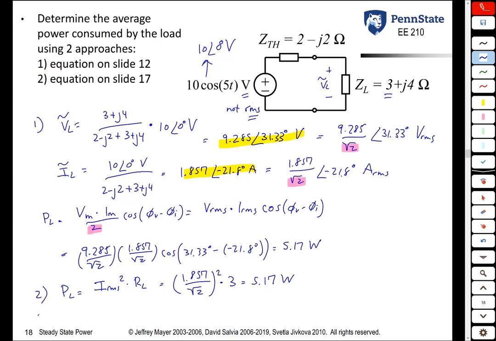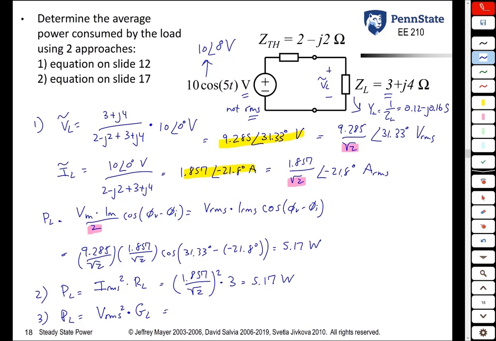Or we could say that the power absorbed by the load is VRMS squared times the real part of the admittance of the load. So the admittance of the load, if ZL is 3 plus j4, YL, which is 1 over ZL, happens to be 0.12 minus j0.16 Siemens.